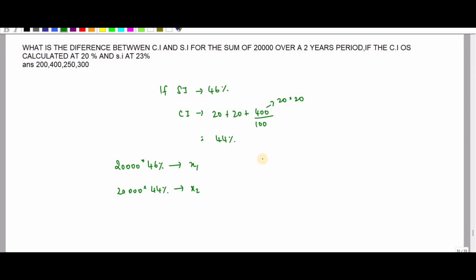So 20,000 into 46 minus 44, that is my amount. If I subtract these two values, that is nothing but 20,000 into 2 divided by 100. So I will get 400 as my answer.